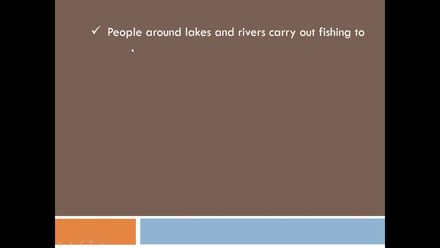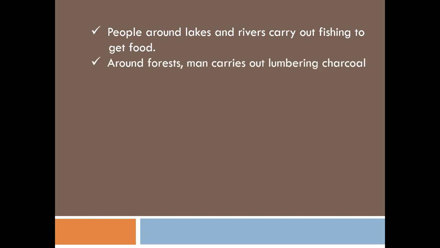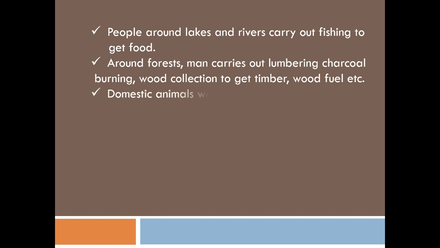Where we have lakes and rivers, people do fishing to get food. Where people live around forests, what do they do? They do lumbering, charcoal burning, and wood collection for timber and for fuel in their homes.